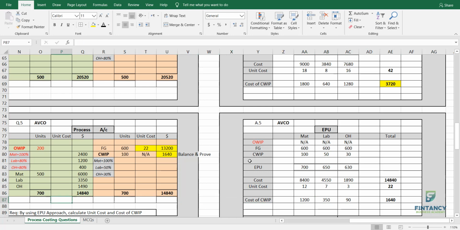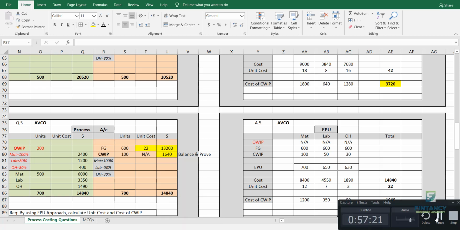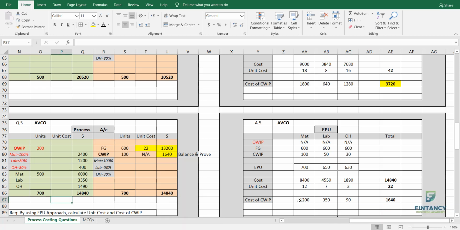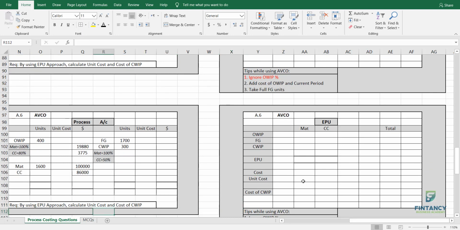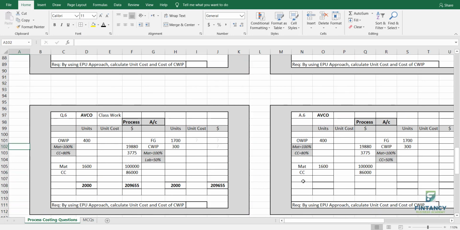So this is how to solve a question from weighted average method. I hope it's clear with everyone. So moving on, we are having question number 6, if you see here, this is your homework.